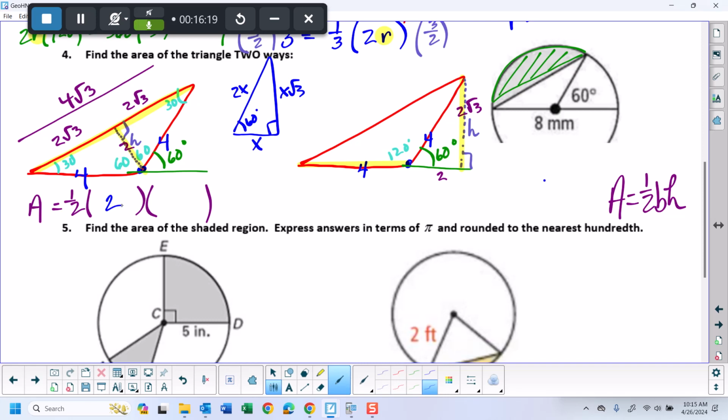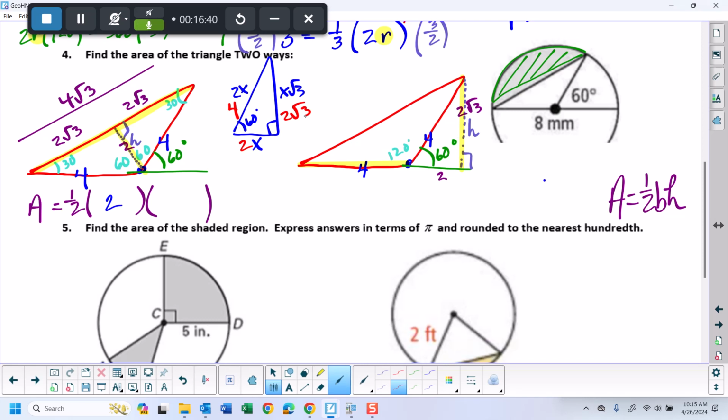The base of my triangle is these two long legs put together. If my hypotenuse is 4, my short leg is 2, and my long leg is 2 roots of 3. So this piece is 2 roots of 3, and this piece is 2 roots of 3.